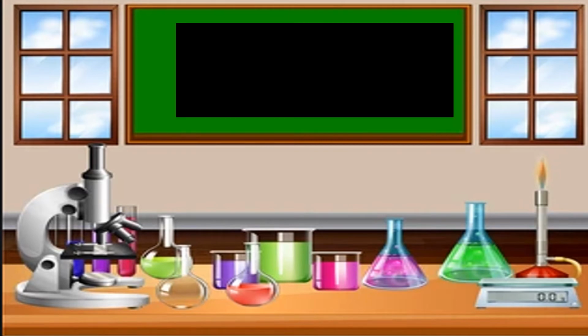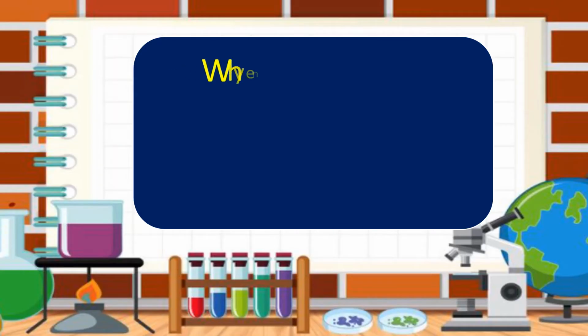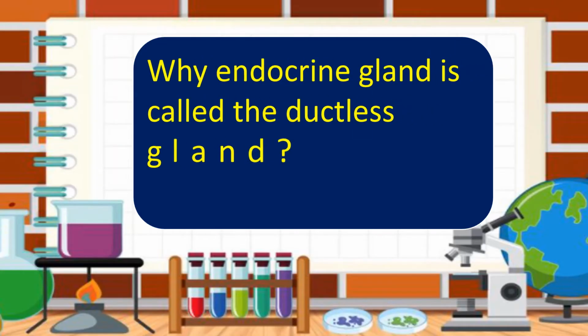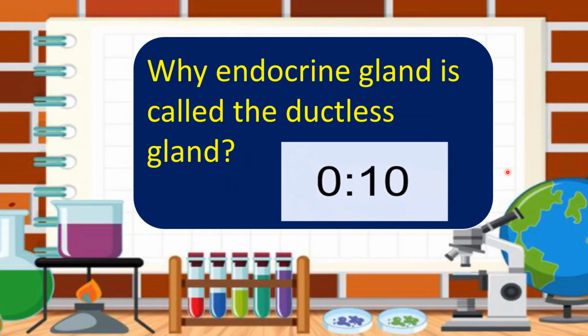So, let's have a checkpoint first to see if you understand the meaning of an endocrine gland. Question: why is an endocrine gland called a ductless gland? Who can answer? I'll give you 10 seconds to answer.